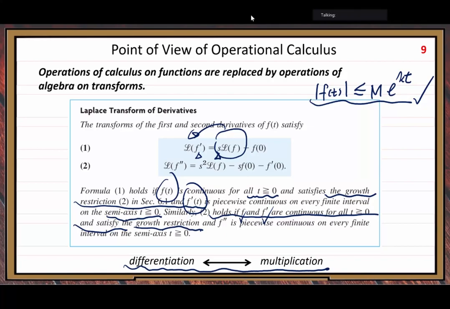This kind of switch is very useful, because the derivative is relatively hard to work with, while multiplication is much easier. So that's the important property of the Laplace transform.